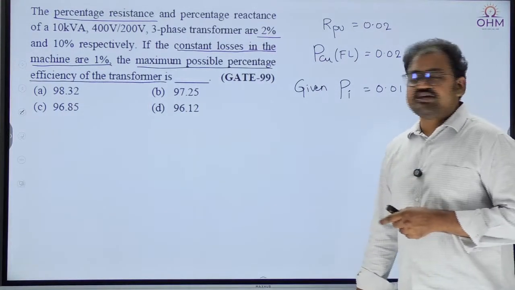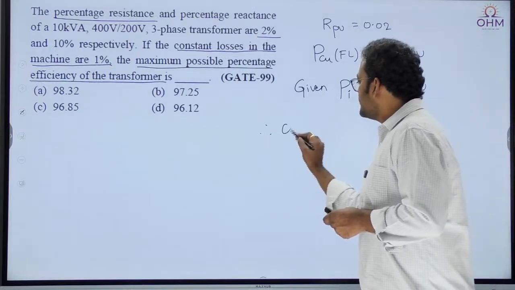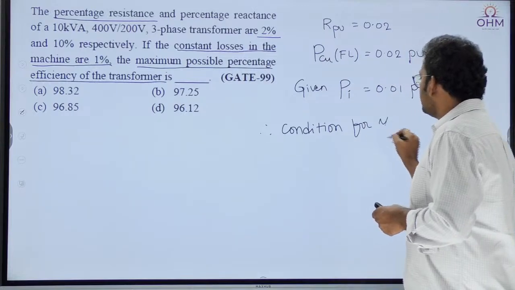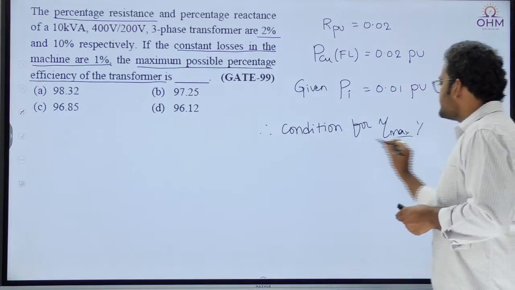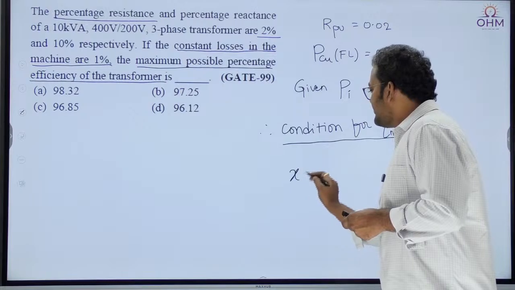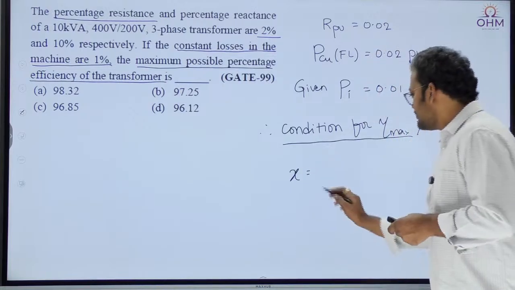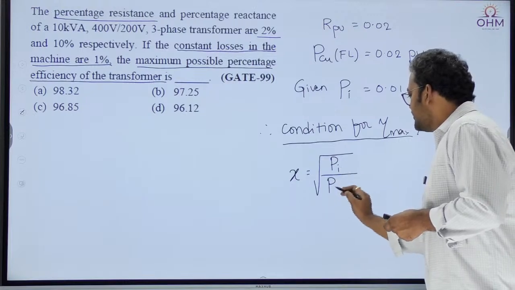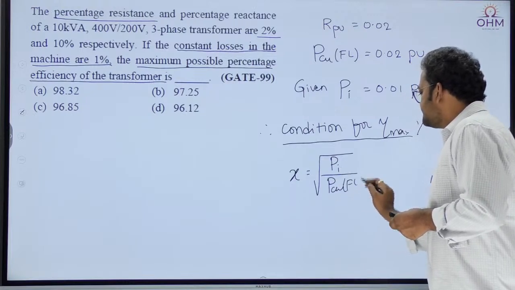Therefore, find out the condition for maximum efficiency. Yes, we can obtain maximum efficiency at a load x equal to the square root of iron loss divided by full load copper loss.